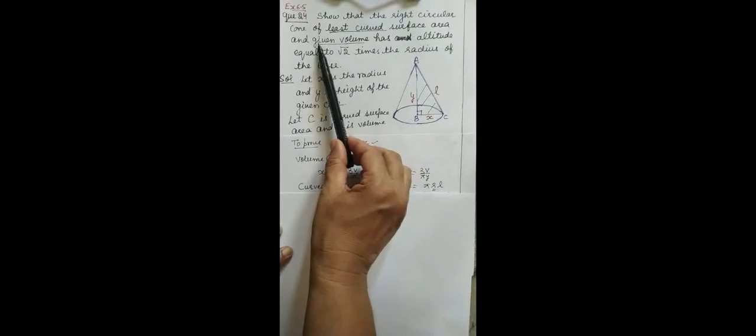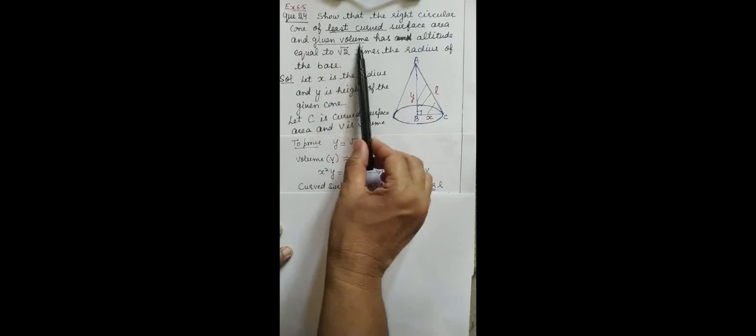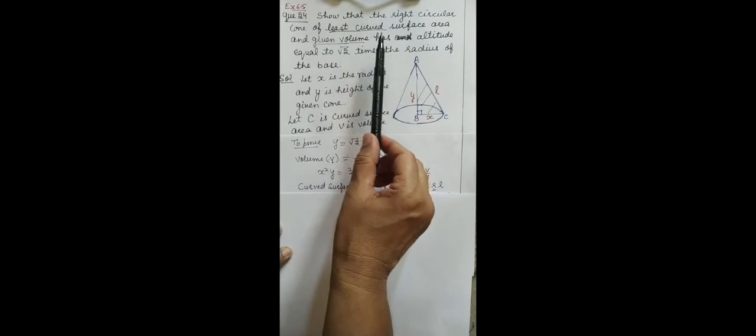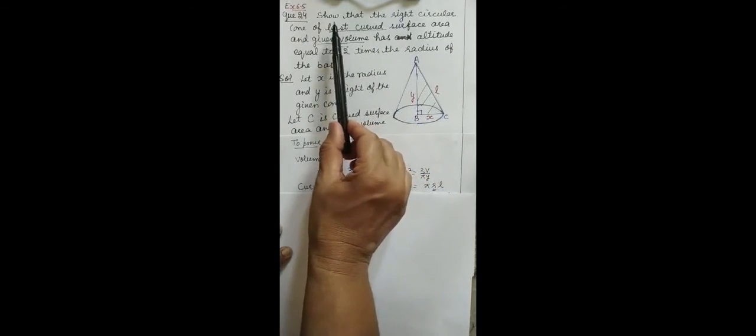So now the next question is question number 24, exercise 6.5. Now in this question I have to show that the right circular cone of least curved surface area and given volume has altitude equal to square root 2 times the radius of the base. Now in this question, I am given a cone whose volume is a fixed quantity, it is constant, and its curved surface area is minimum.